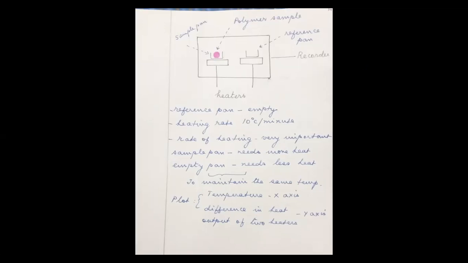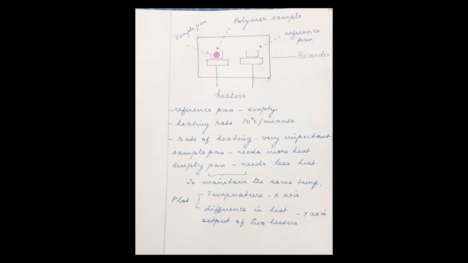Suppose the temperature rising rate is kept constant, then you can record the temperatures of the reference and the sample as a function of time. Suppose the temperature increase varies, then you can do it with the temperature also.